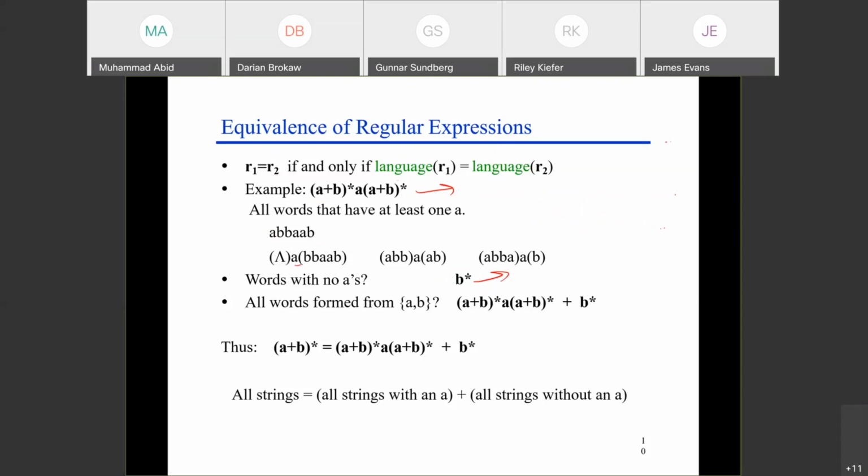So now look at this. This says that we must have a minimum of one A. My question for you is, which terms are missing in this regular expression? What will be the word which will not be there? Give me one example.